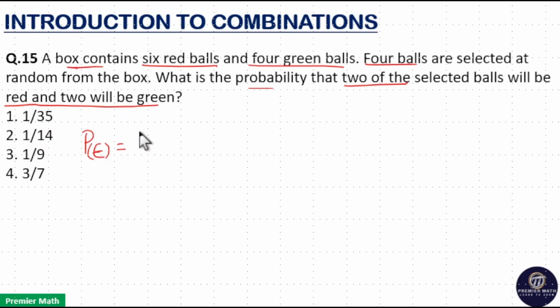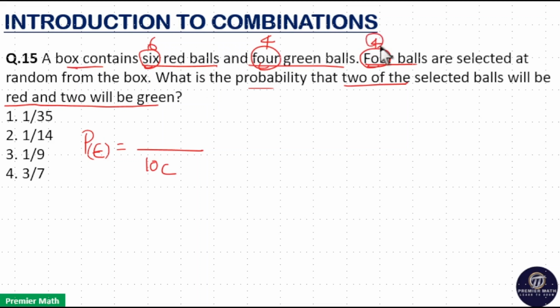So the probability of an event is equal to the favorable outcomes divided by the total outcomes. So here we have 6 red balls and 4 green balls, and we have to select 4 balls from it. So our total availability is 6 plus 4, 10.